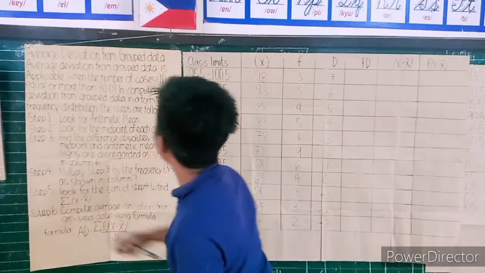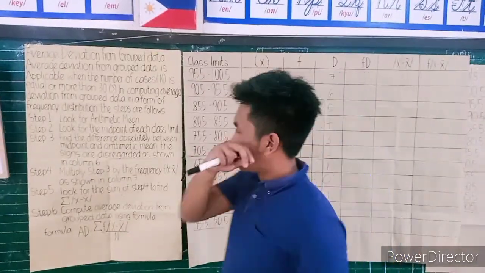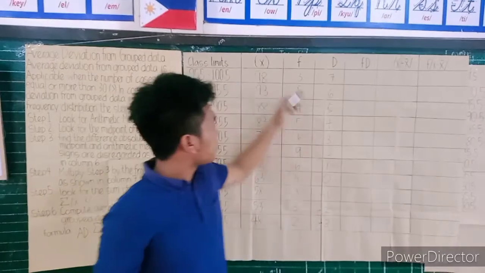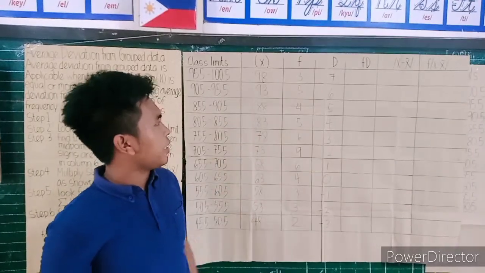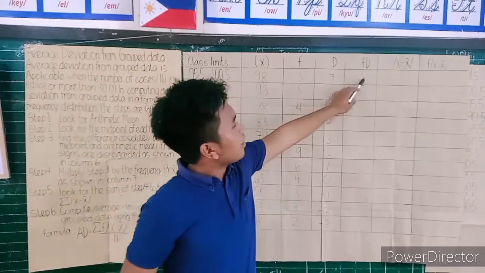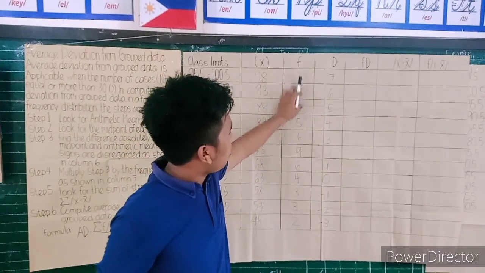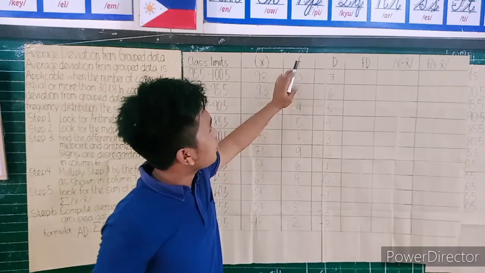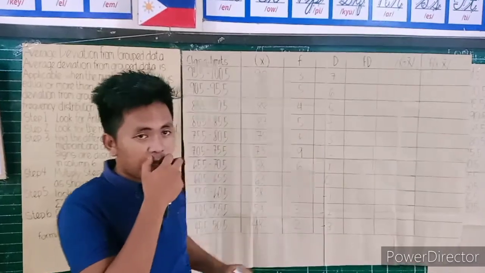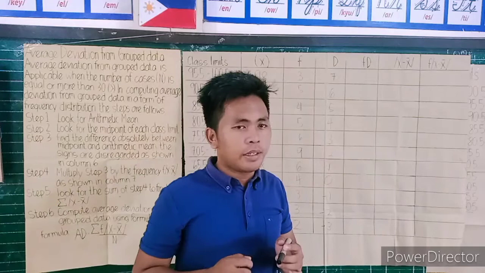So that is how to get the arithmetic mean. In order to get the frequency deviation, as I said, we need to multiply all this. We need to multiply this frequency by the deviation in order to get the frequency deviation.